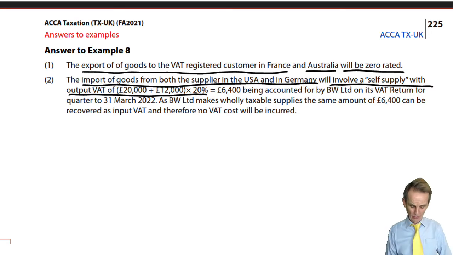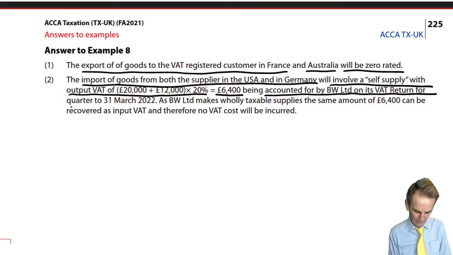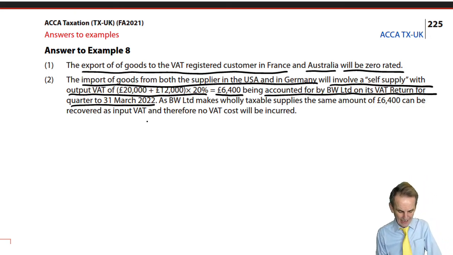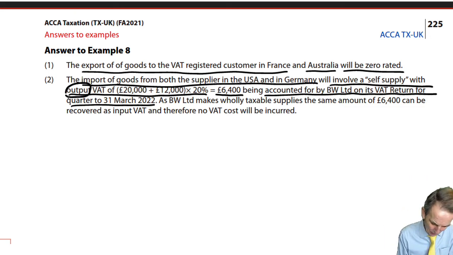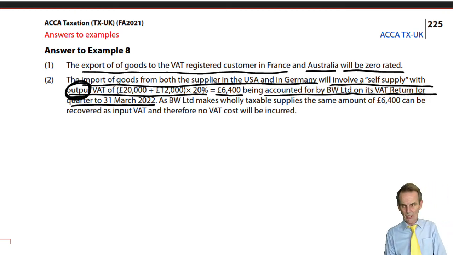So both of those purchases at 20%, £6,400 being accounted for by BW Limited on its VAT return for the quarter to 31st of March 22. So we are accounting for output VAT there in relation to that so-called self-supply.